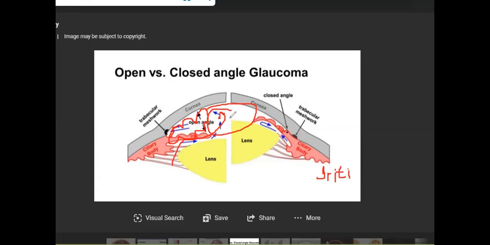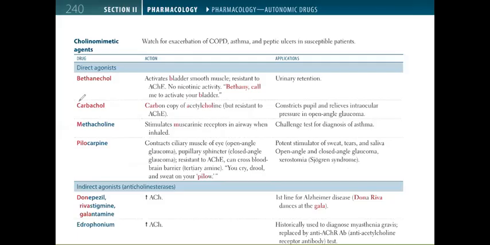Ultimately the end result will definitely be glaucoma, but that glaucoma would be closed angle glaucoma. You're getting my point. These are the therapeutic actions of this drug, so they can ask you indirectly about inflammation of the iris as well apart from glaucoma.